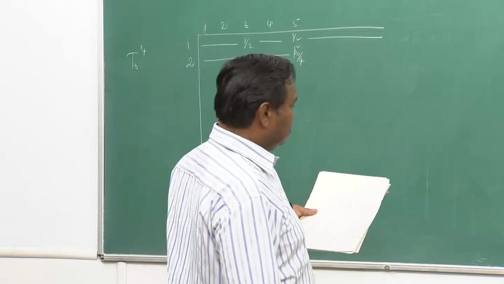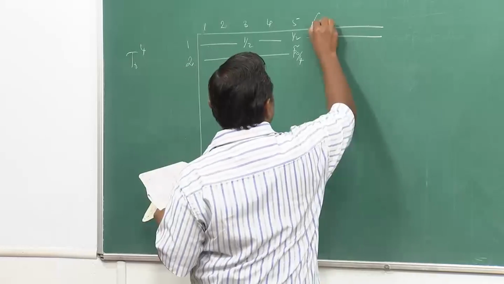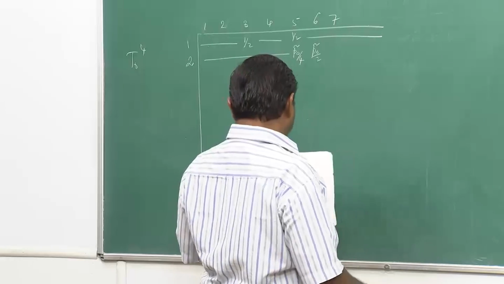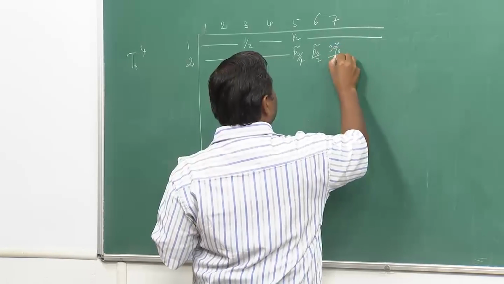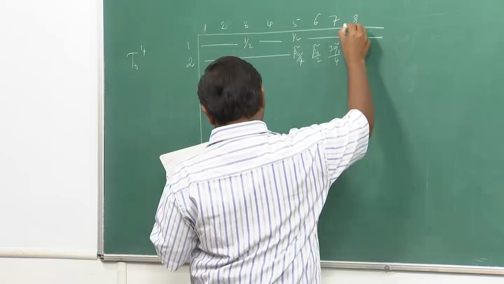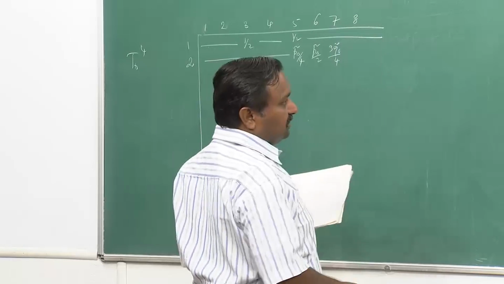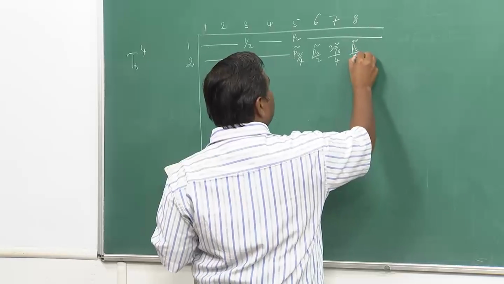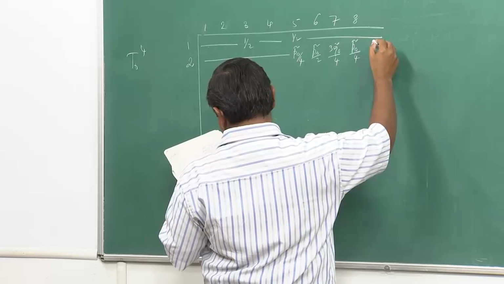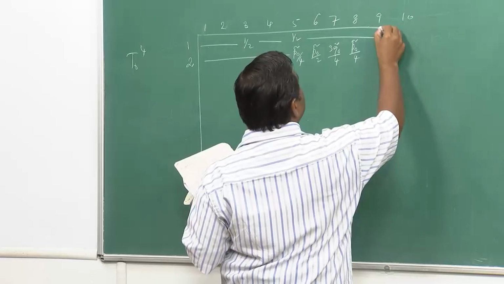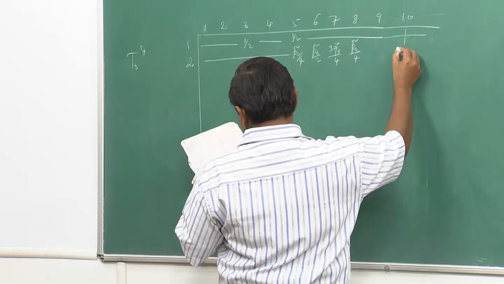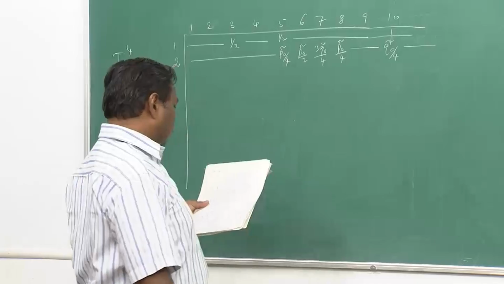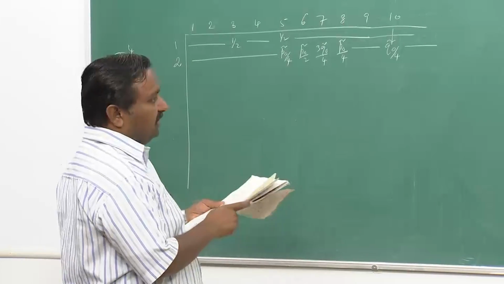Then we have 6 as P 0 by 2, 7 I will have 3 q 0 by 4, 8 we will have 1 by 4 P 0 tilde by 4, then 9 and then 10th you will have q 0 tilde by 4. Okay. Let us complete the remaining ones correspondingly.